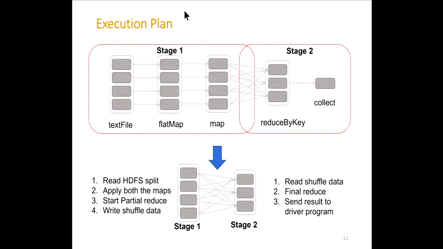And hence, there is no need for you to create a new stage or add a new boundary here for the memory. So the boundary is when the data is written. When the data is written, this is like setting the boundary. Like, okay, I've done all this transformation, the data is written.